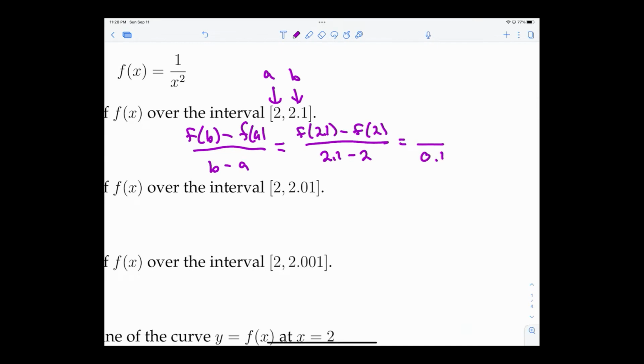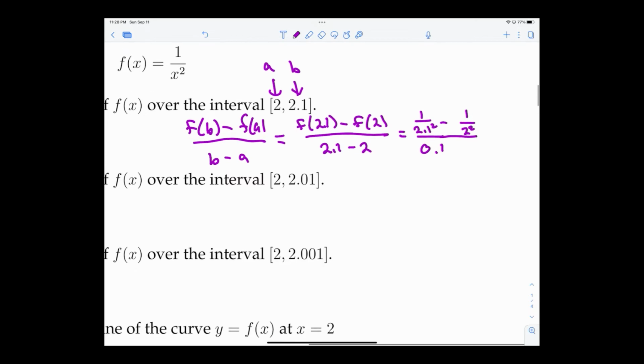On the top, our function is 1 over x squared. So f of 2.1 is 1 over 2.1 squared minus 1 over 2 squared, which is a quarter.